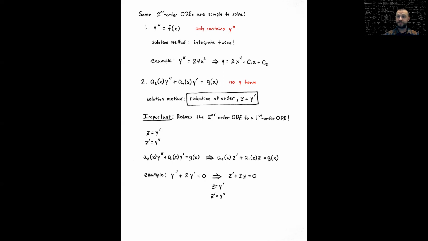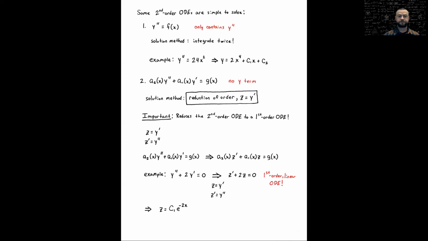Now this one can be solved very quickly, either as a separable ODE or as a linear ODE. Notice the p of x, it's not multiplying y anymore, but multiplying z. The p of x would just be 2, which would lead to a very simple integrating factor.